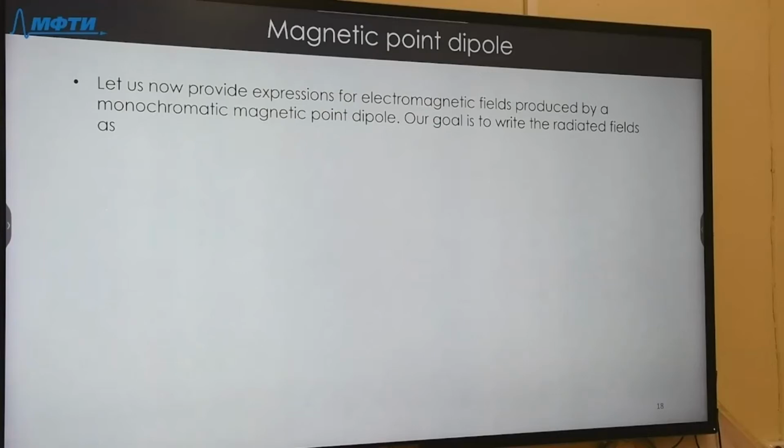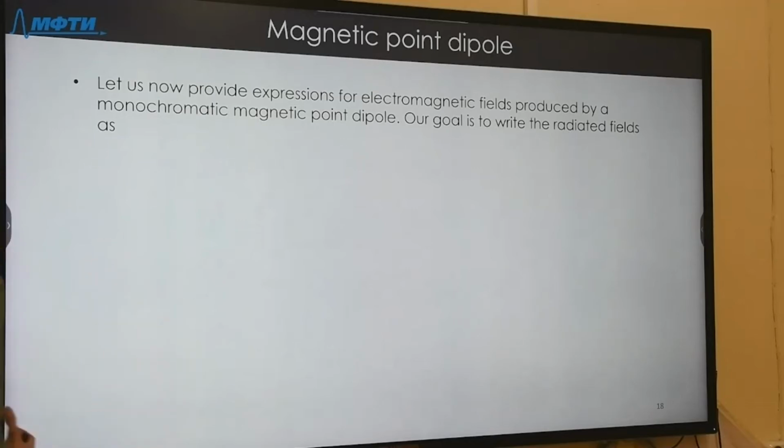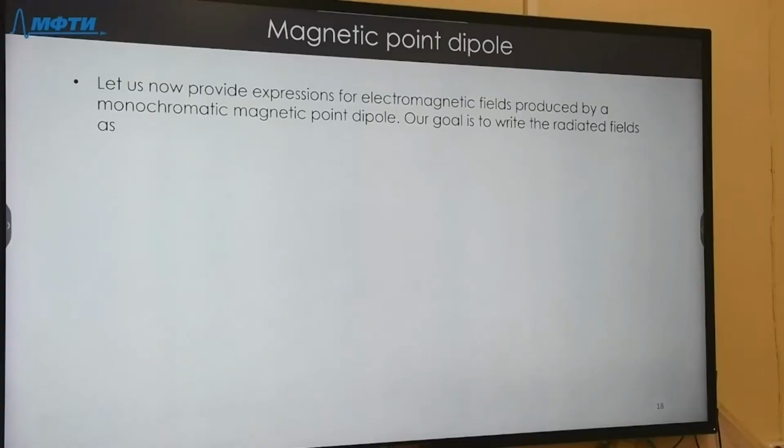We can, by analogy, do the same exercise for a point magnetic dipole. We replace the electric dipole with a current loop, a very small, sub-wavelength current loop. This gives us a point linearly polarized magnetic dipole, and we can ask, what are the formulas that relate this magnetic dipole moment to the electric and magnetic field at a certain observation point?